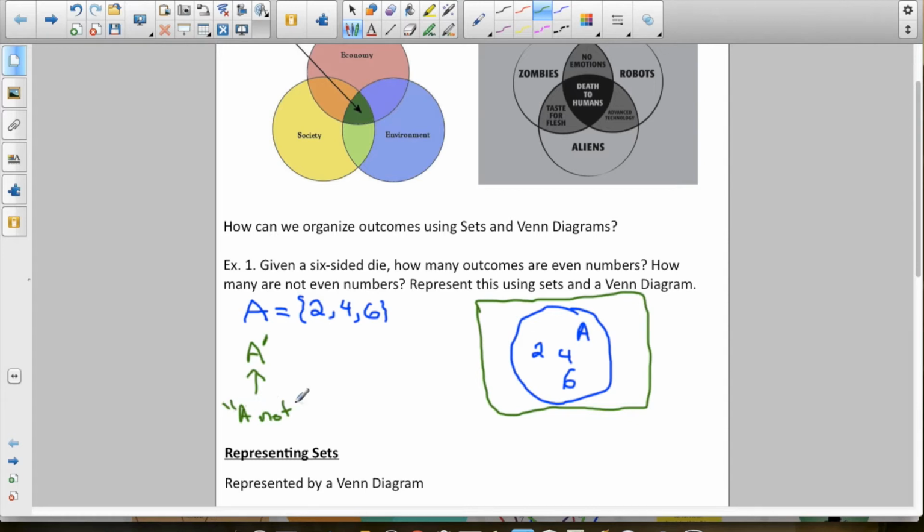So everything that A is not, if you want to think of it that way. If A is even numbers, then the uneven numbers would be everything that A isn't. So 1, 3, 5. And together, these two represent all of the possible outcomes.